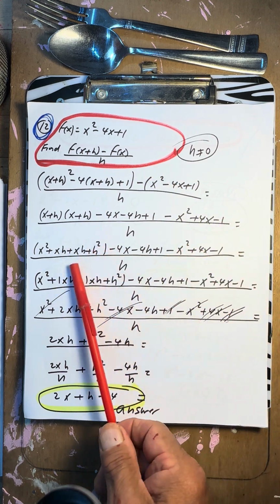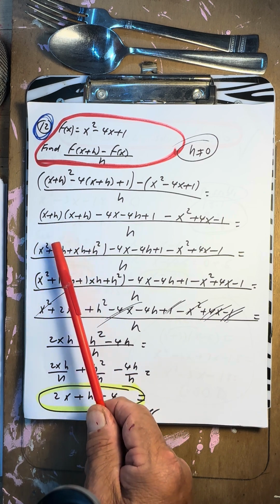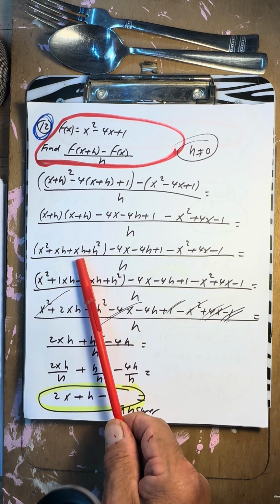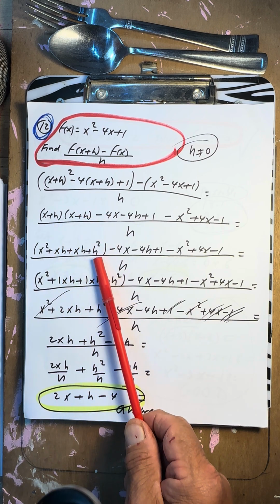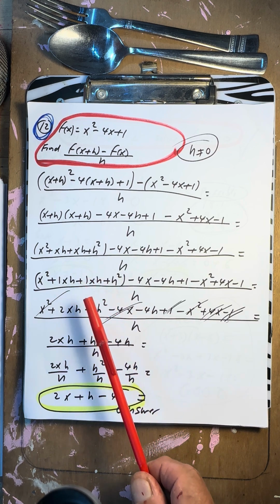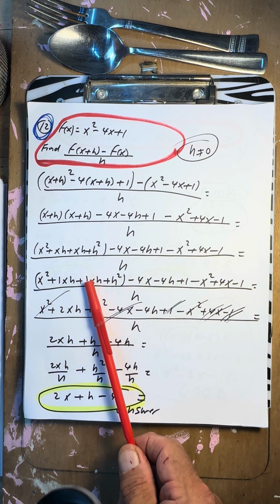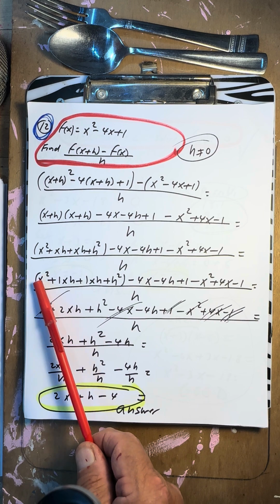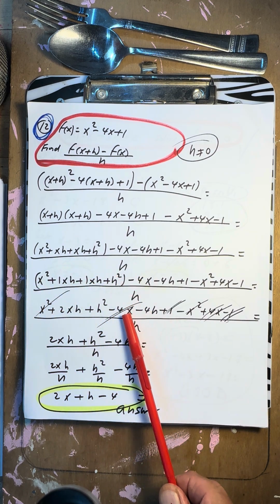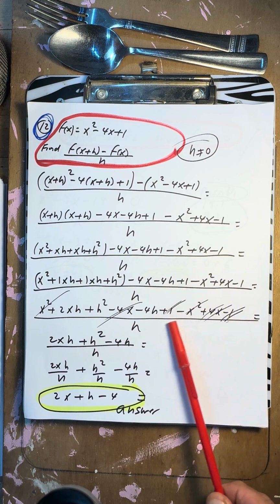Now, multiply this out. x times x, x squared. x times h is xh. x times h is xh again. h and h is h squared. This is like 1xh and 1xh, so 1xh and 1xh is 2xh. So x squared plus 2xh plus h squared, minus all this stuff right here. Copy it.